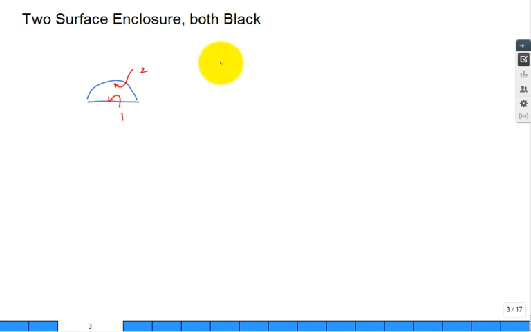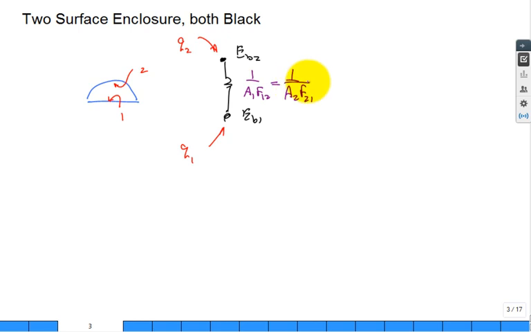You'd probably put like here, E_b2 and E_b1, and we'd have the Q into 2 and the Q into 1. And it's really that simple. And what's that resistor? It's 1 over A1 F1-to-2, which is equivalent to 1 over A2 F2 back to 1 from reciprocity.